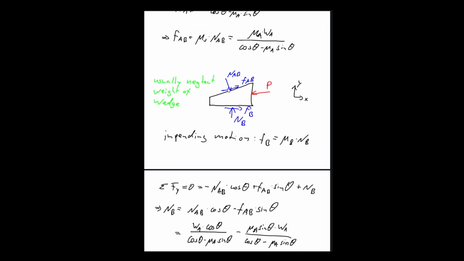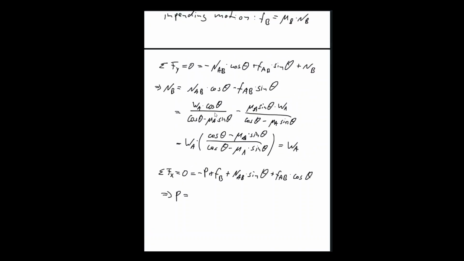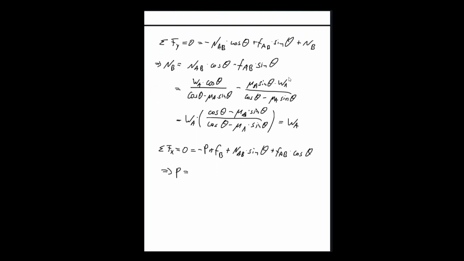So that leaves me FAB. FAB is also going to be positive, and it's going to be the cosine. Plus FAB times cosine theta. All right, so the only thing we really don't know is P, so we can solve for P and start plugging in all the other stuff. That means P is equal to FB. We said up here, somewhere, there, it's mu B times NB.